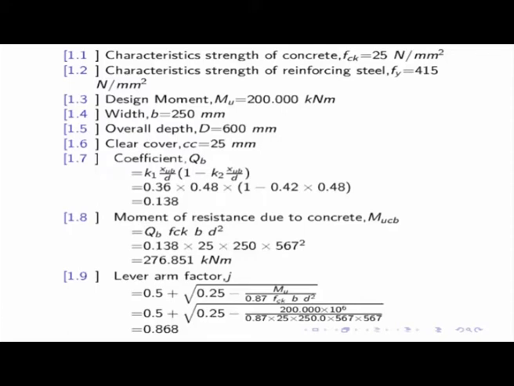That means concrete also has to resist that moment of 200 kilonewton meter. Similarly steel also resists. Both of them must, because if one of them fails, then the structure will fail.